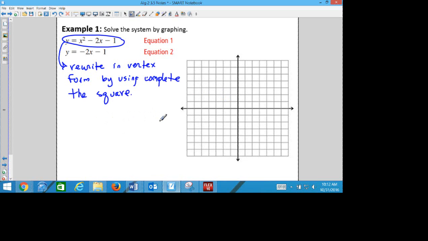And I'm choosing to do it this way because complete the square was something that we did recently, so it should be more fresh in our mind. So I'm choosing that method. But you could do it by finding the AOS using negative b over 2a. Remember that stuff.